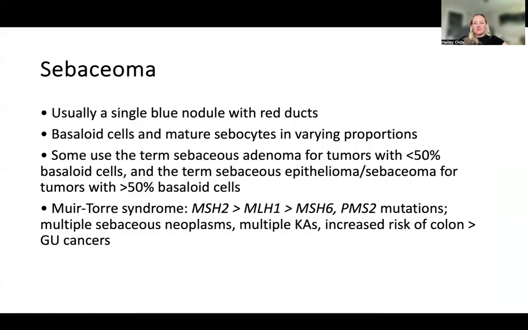Some people say sebaceous adenomas are when it's less than 50% basaloid cells, and sebaceous epithelioma or sebaceoma is when it's greater than 50% basaloid cells, but some people have also disputed that. And this can be associated with Muir-Torre syndrome, where you get multiple sebaceous neoplasms, KAs, and you're at increased risk for other cancers like colon cancer and GU cancers.